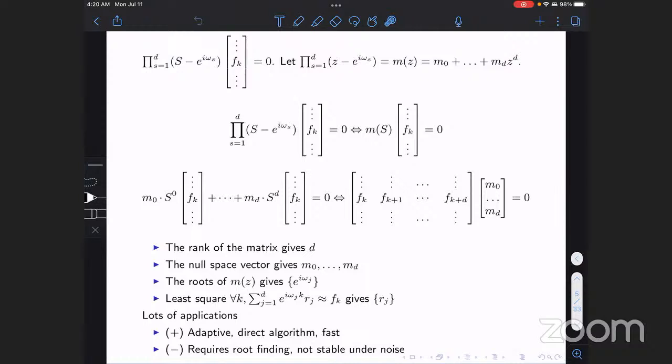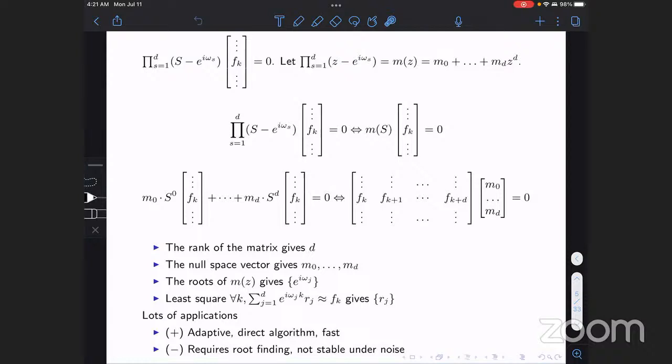Now, there are a lot of applications of Prony's method in signal processing, control, and dynamic systems. The main advantage of Prony's method is that it is quite adaptive, in the sense that it does not require these frequencies omega_j to live on any fixed grid.